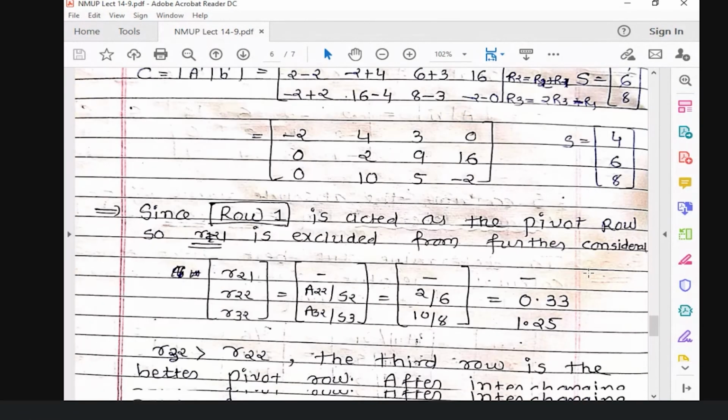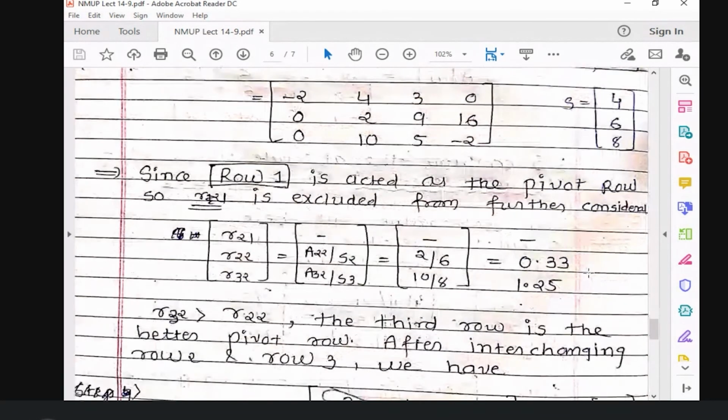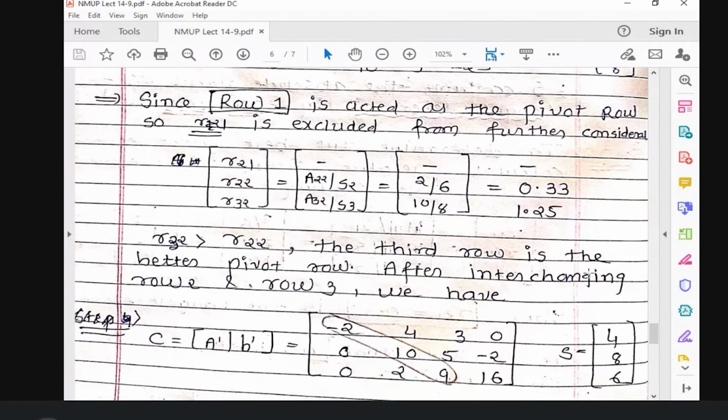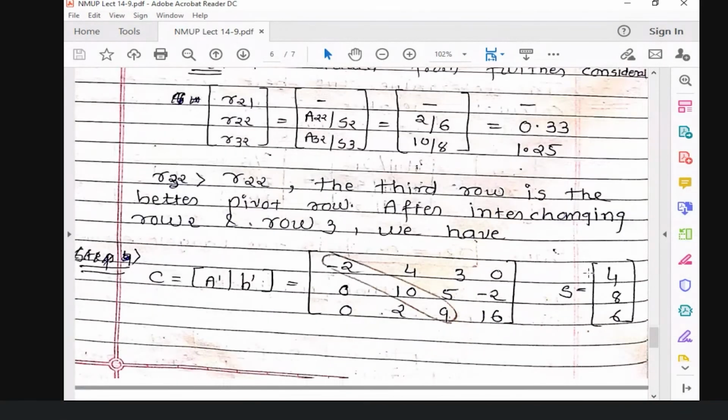So now after this relative calculation, we got two values, 0.33 and 1.25. With the help of this, we can understand what I have to do. I have to exchange row 2 with row 3. The third row is the better pivot row. So after interchanging row 2 and row 3, my new pivot row becomes row number 3, right?